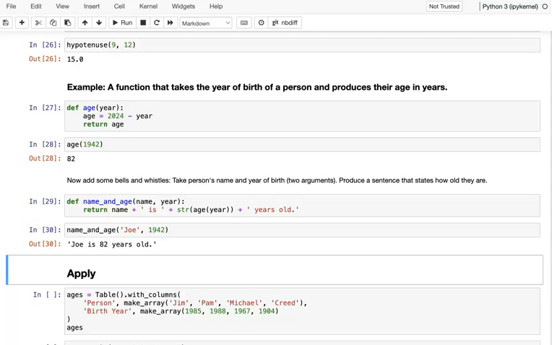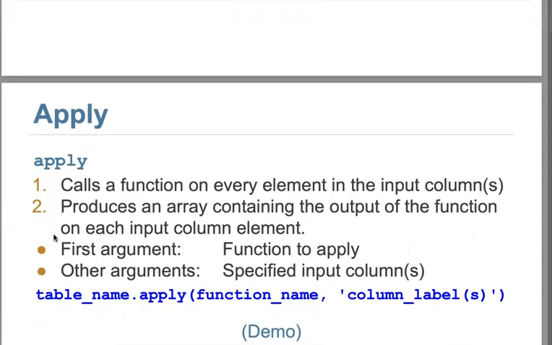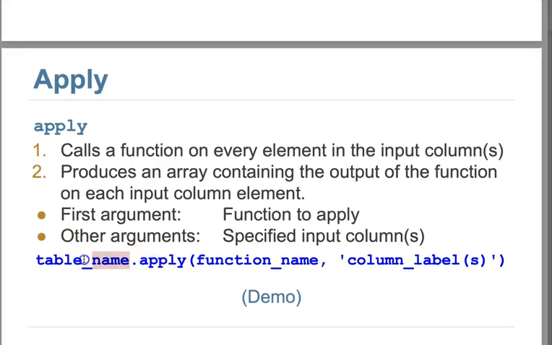The reason is we also want to show you the last topic, the apply function. The apply function actually belongs to the table functions. When you have a table name, you can invoke the apply function. In this apply function, you pass in two arguments. The first argument is a function name.